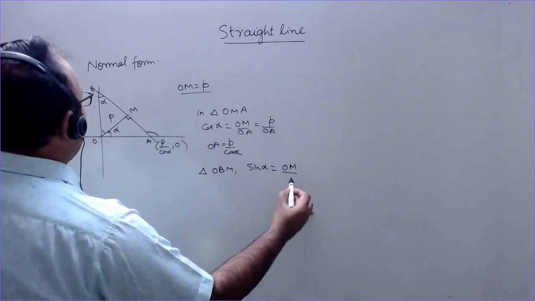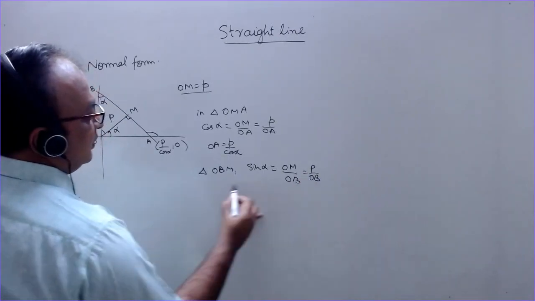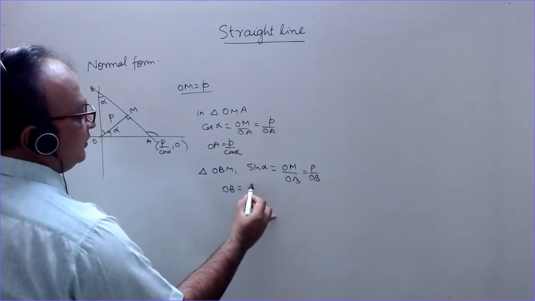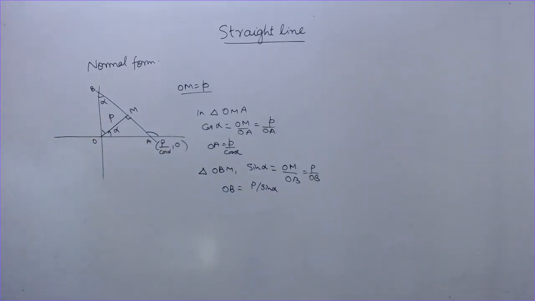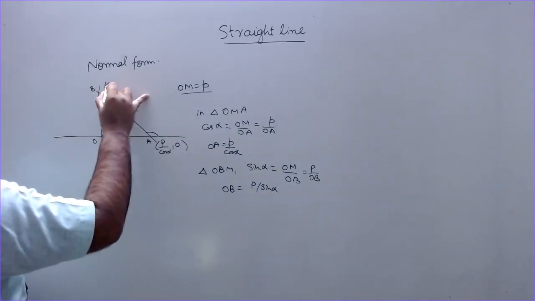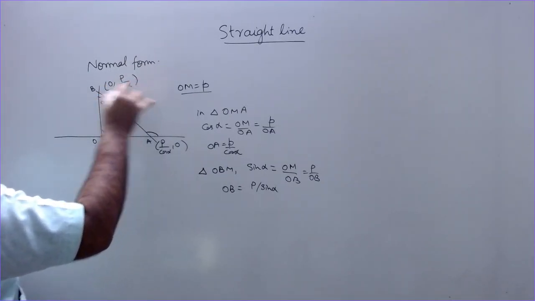OM divided by OB, that is p by OB. So OB is p by sin alpha. So the coordinates of B are 0, and y is p by sin alpha.